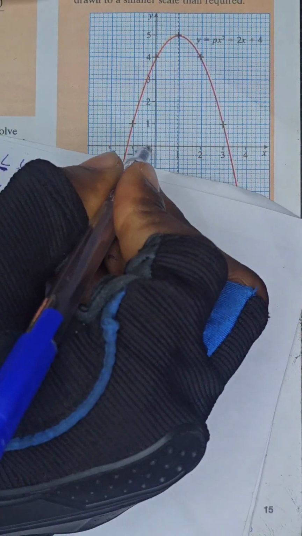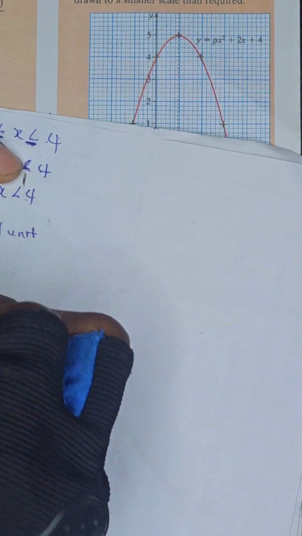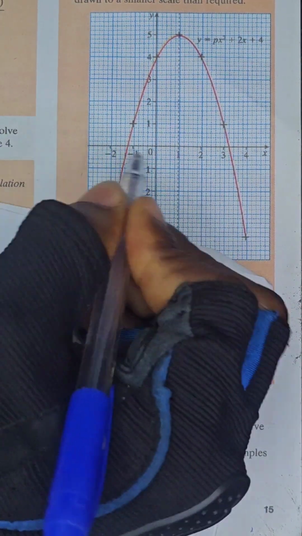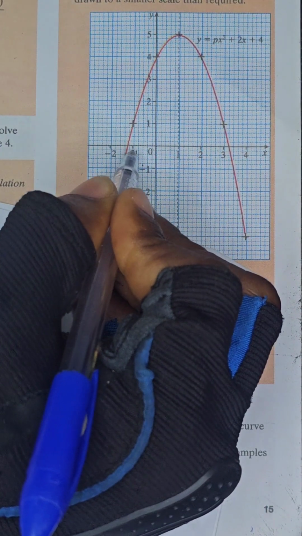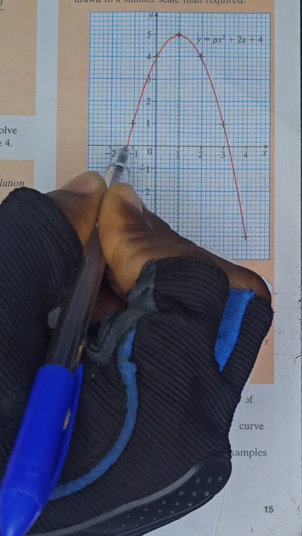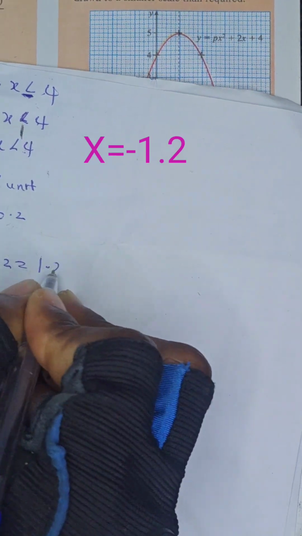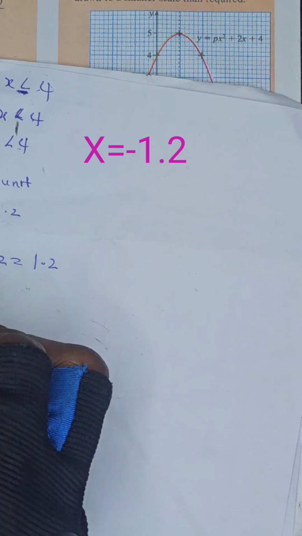So to get the value of one division, it will be 1 over 5, which is 0.2. So for the first root on this side, from here to here is minus 1. If you go forward only the first division, it will be 1 plus 0.2, which is 1.2.